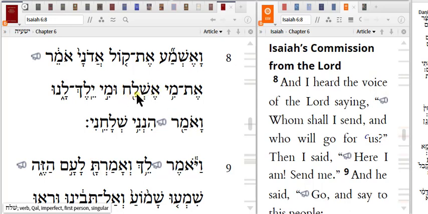So eshlach is I shall send, but this is a question because I have mi, who, but a direct object marker in front of it. So whom shall I send? Umi, and who yelech lanu. You don't know this verb, but this is, you know halach, but you don't know the imperfect form. It's a little bit irregular. Who will go lanu for us? Va'omar, and that's and Omar.